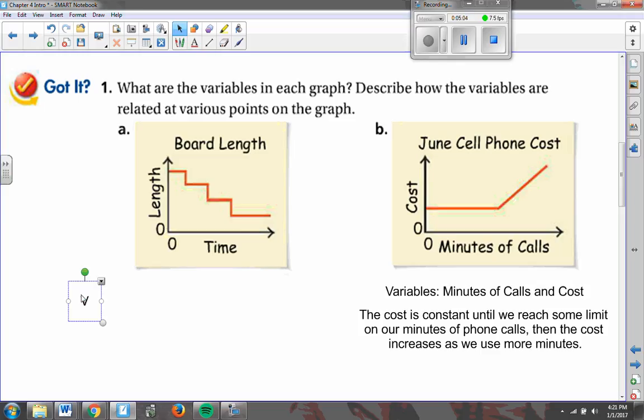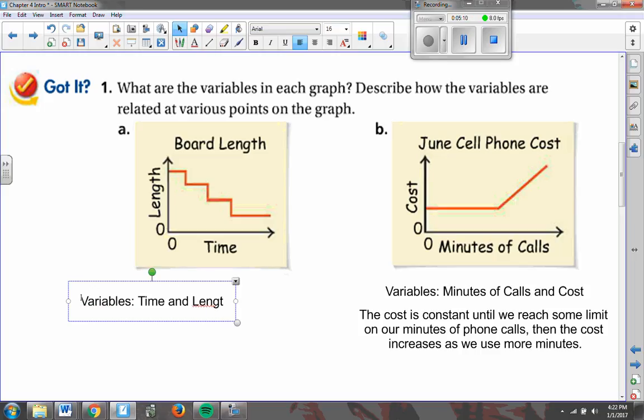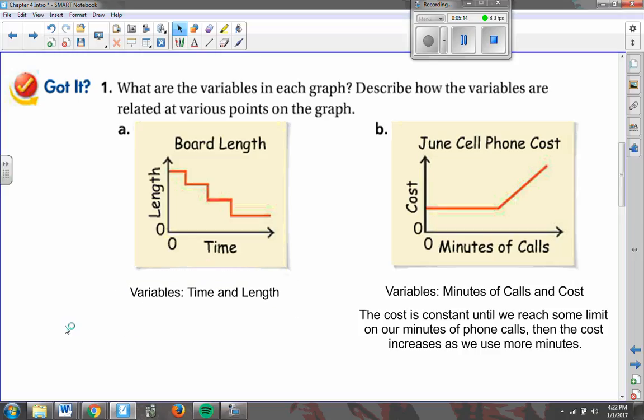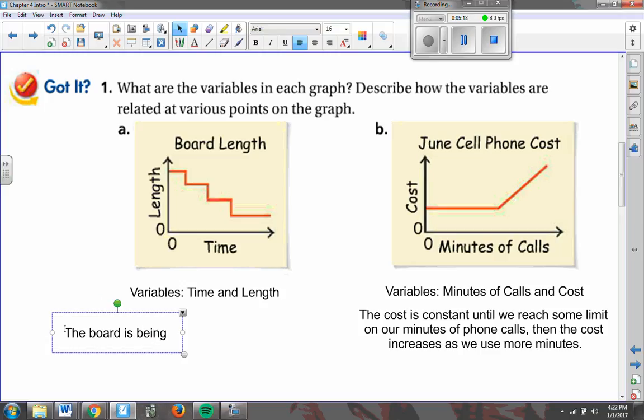Okay, the variables here are time and length of the board. And what we see happening is the board is being cut shorter at different intervals of time.